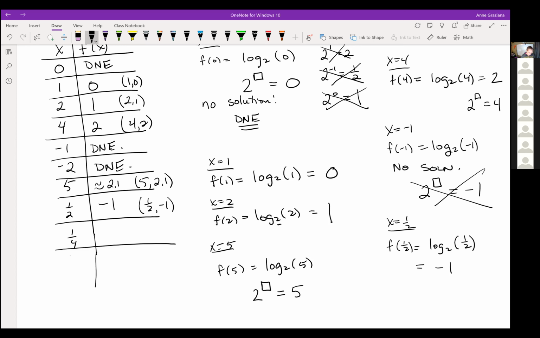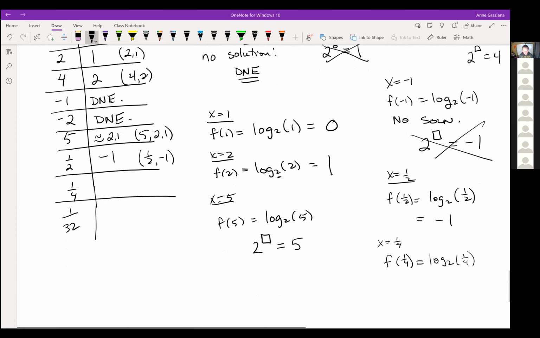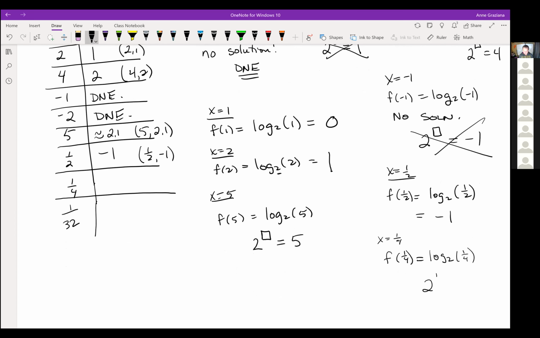You know what? I'm going to throw in here real quick 1 over 32. All right. What is x? X is 1/4. F of 1/4 is log base 2 of 1/4. So again, the question is 2 to what power will give me 1/4? -2.